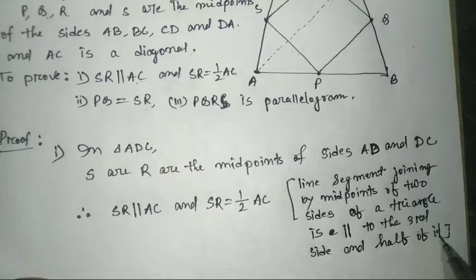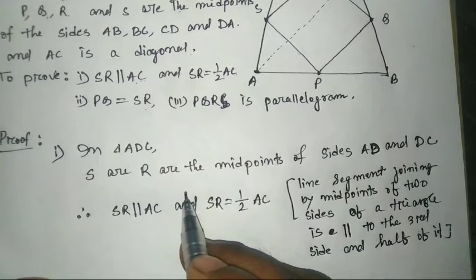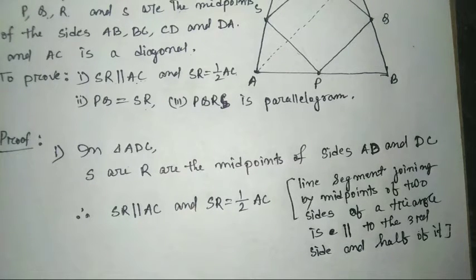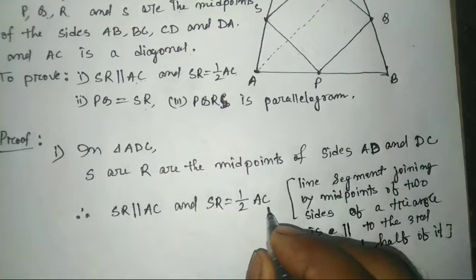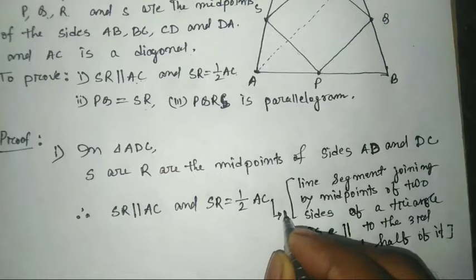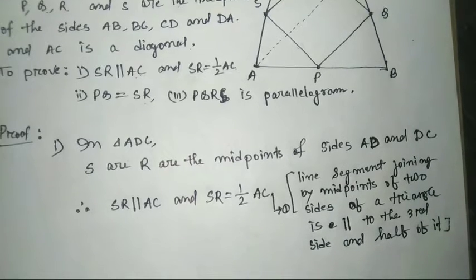This symbol I have used is the symbol for parallel. That means half of the third side. So this is the proof of question number 1. Next we will go to question number 2. So give it equation number 1.